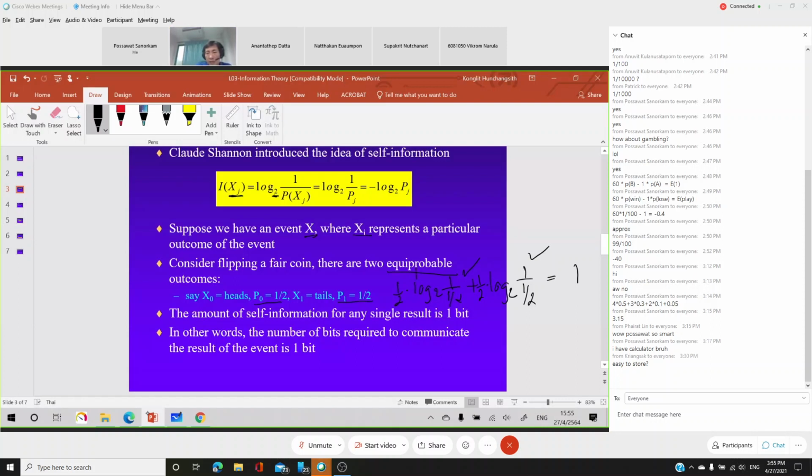The probability of getting tail is 1/2 multiplied by the information of tail, which is log 2 of 1/(1/2), plus the probability of getting head, which is 1/2, multiplied by the information of head, which is log 2 of 1/(1/2), and you're going to get 1 bit.